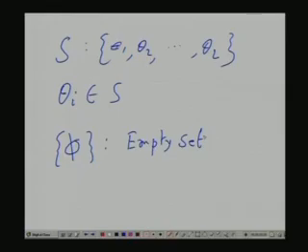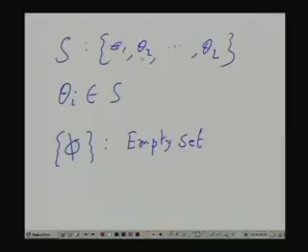Any subset of S is a collection of members of the set S. The empty set is a subset because the empty set is part of any set. So, this is a subset of this.